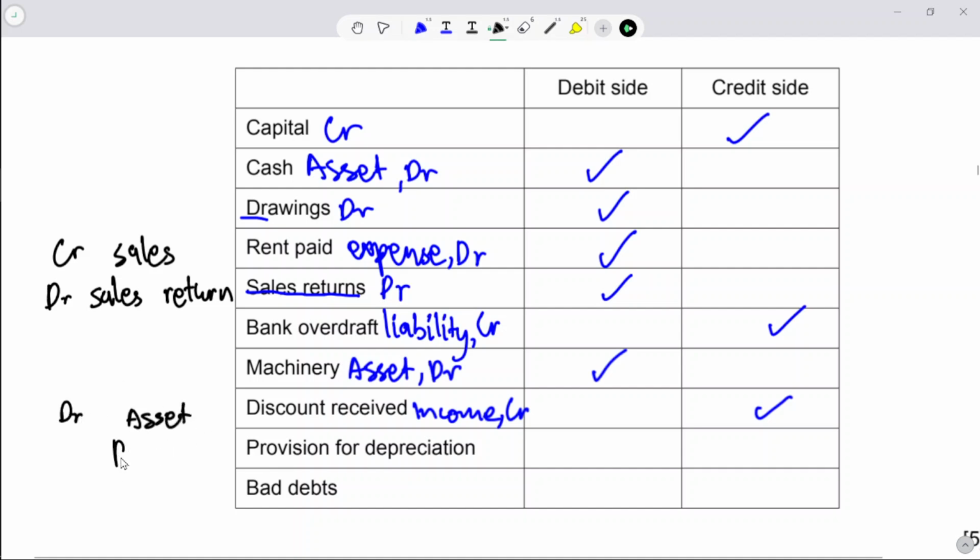So for provision we credit. Another way you can think is provision we credit. Bad debt is an expense, so we debit. This one we'll learn in a later chapter.